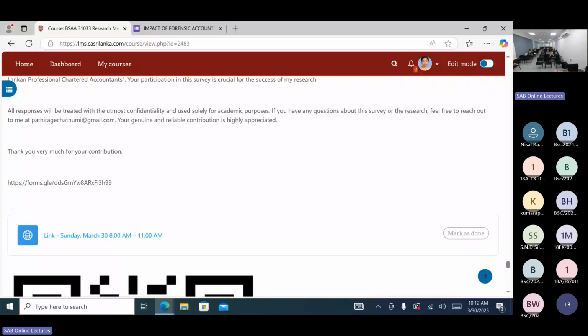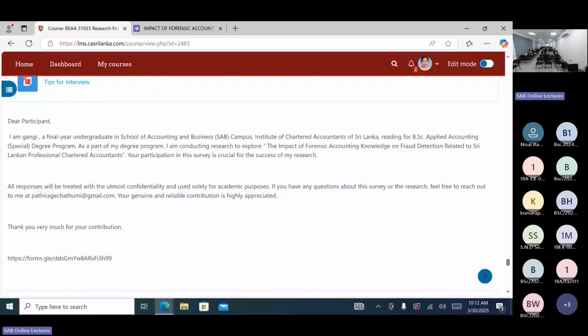Okay. Dear participants, I'm Gangi, a final undergraduate of accounting and business in the School of Accounting and Business sub-campus, Sri Lanka. Likewise she provided her introduction, right? She has already included that this information is confidentially used for the sole academic purpose.